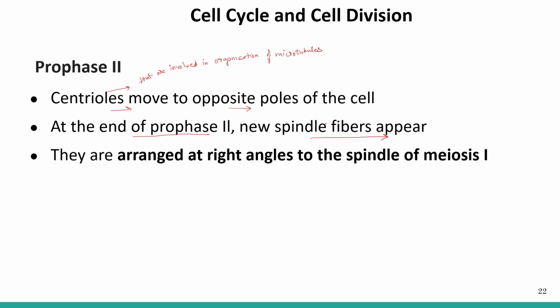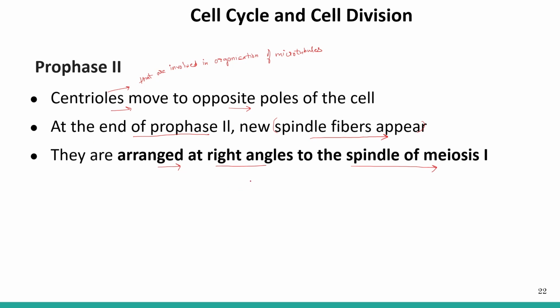And how are these spindle fibers arranged? The point to remember here is that they are arranged at right angles to the spindle of meiosis 1. What does this mean?